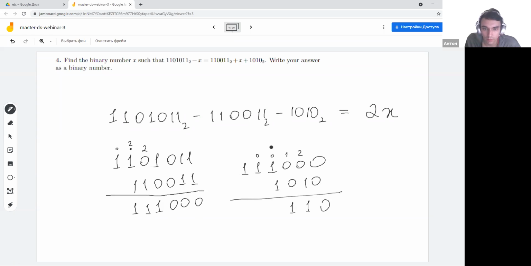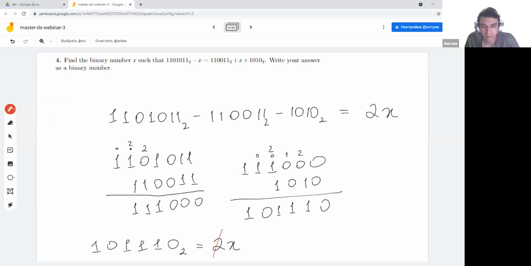So I hope I got this correct. Yes, my calculations on the paper coincide with this. So now I have this. And what I should do is divide both sides by 2.